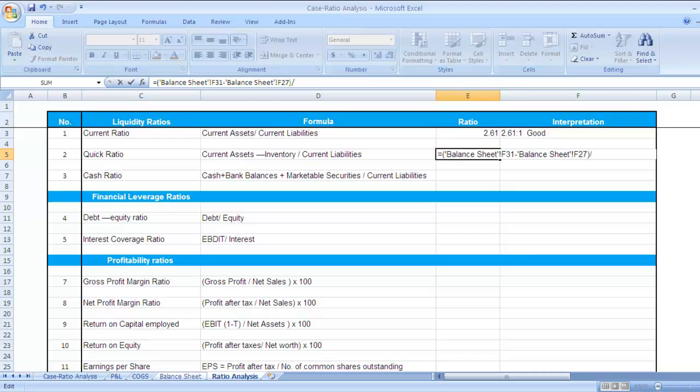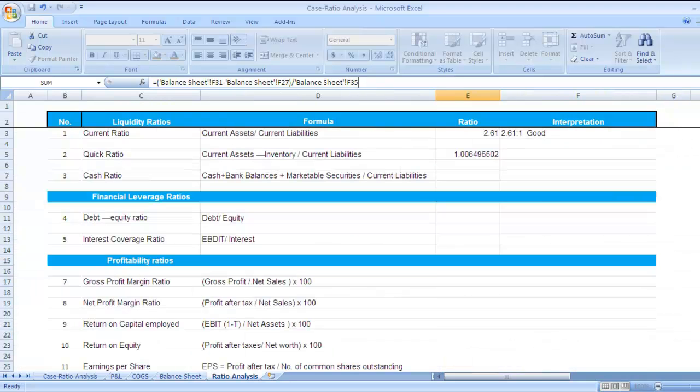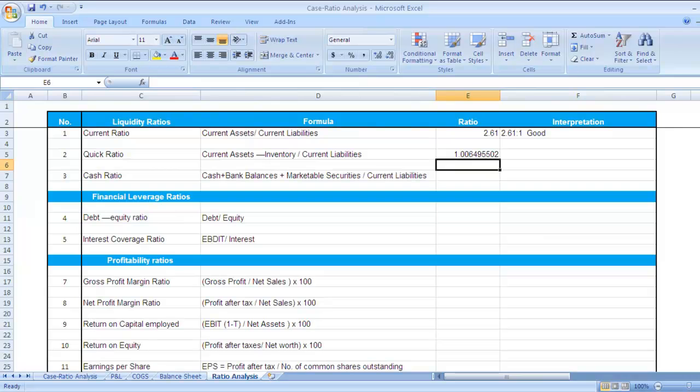Go to the balance sheet, current liabilities, and put enter. So here it is, 1.01.